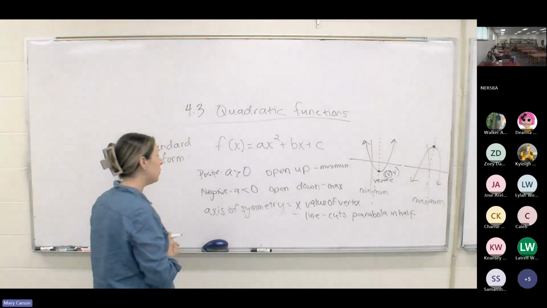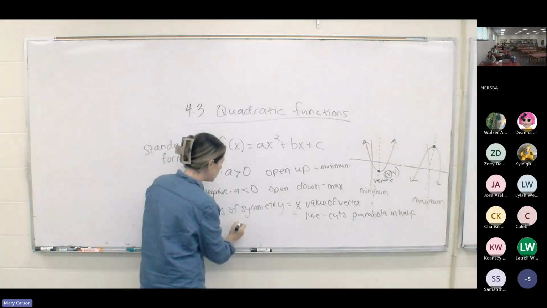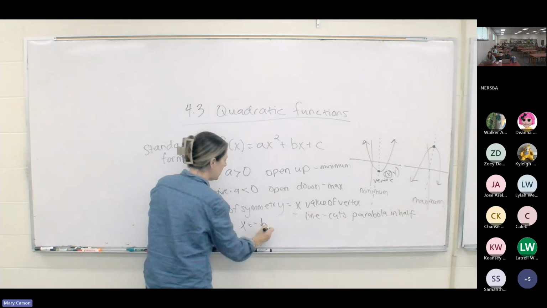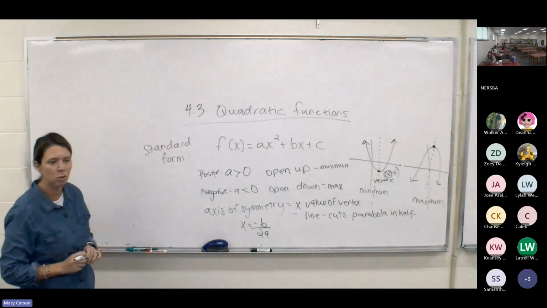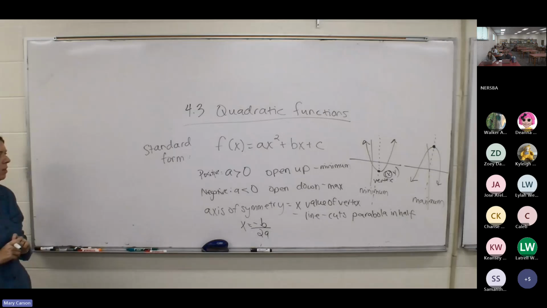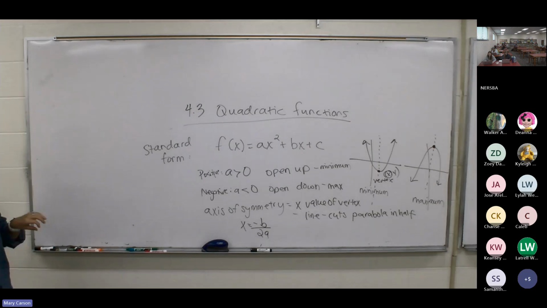All right, there's a formula for it. It's going to be x equals negative b over 2a. That is the formula that you're going to use to find the x value of the vertex, okay? And then you can take that x value and plug it back into the equation, and you'll get the y value, and then that gives you your vertex. I'm going to do an example of all this in just a minute.